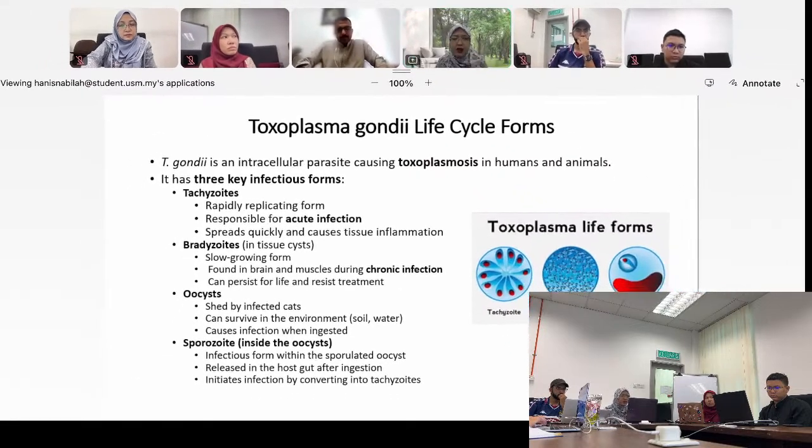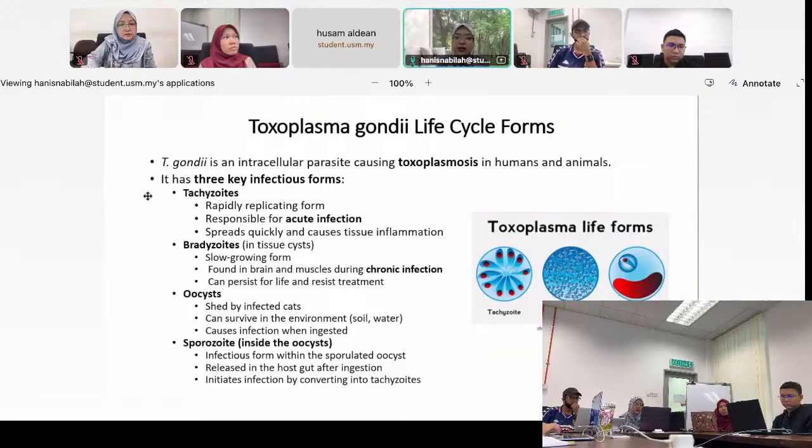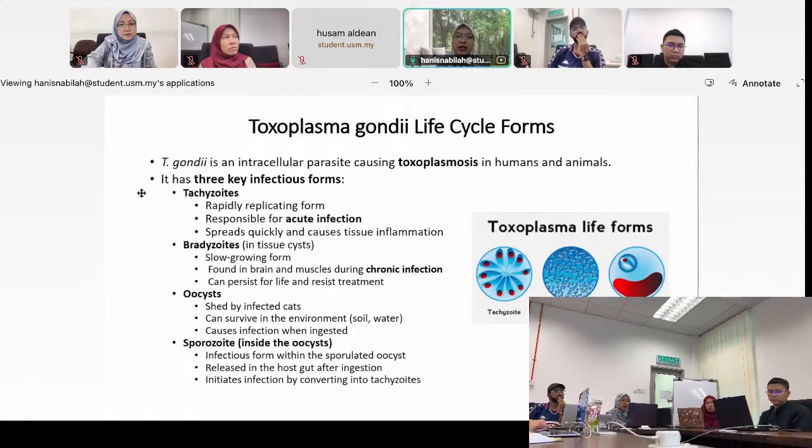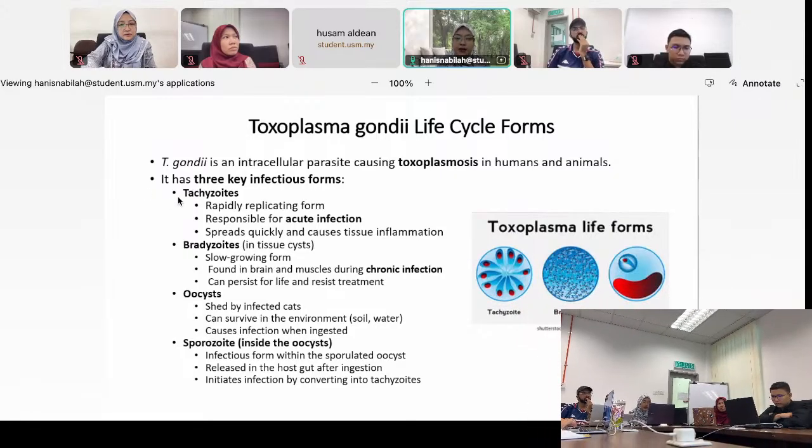The tachyzoite is a rapidly replicating form that is responsible for acute infection, and it spreads quickly and causes tissue inflammation. The bradyzoite is a slowly growing form found in brain and muscles during chronic infection. It can persist for life and resist treatment.